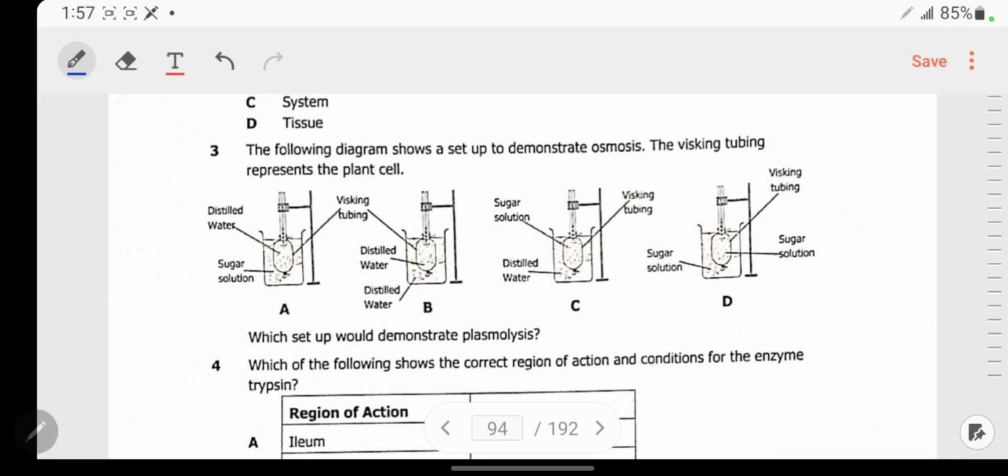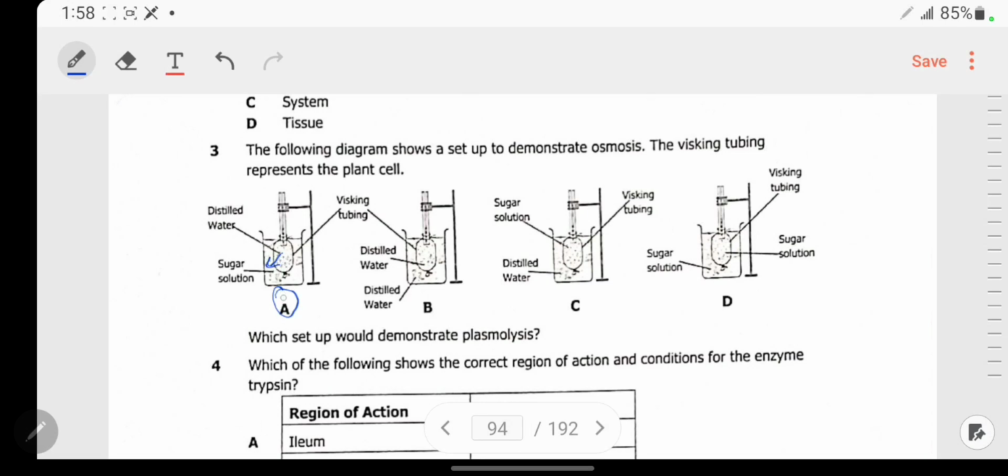Having considered that, we are going to look at where there are sugars on the outside. Since water molecules will follow sugars, then inside there should be distilled water. So from all these options, the only option that would cater for this is A. In A there is sugar outside, meaning the water inside will move to the outside.